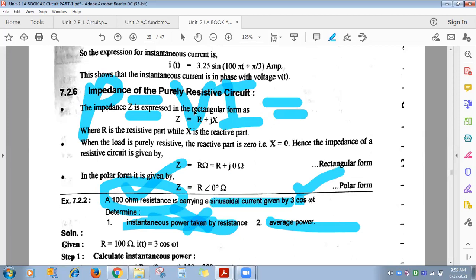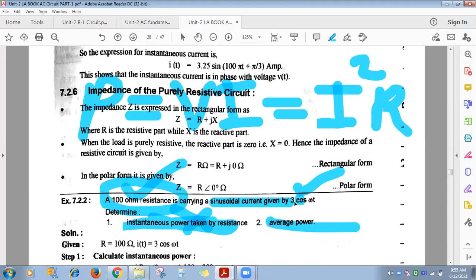So there is no need for voltage. What is the formula in terms of current and resistance? I square R. Which I here? I square means IM or IRMS? IRMS, correct.